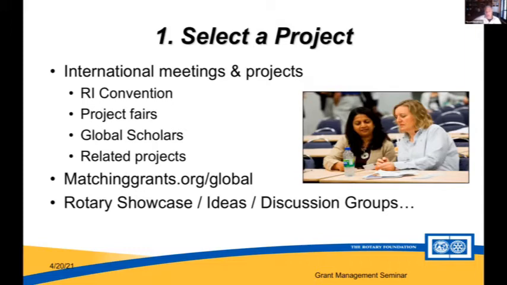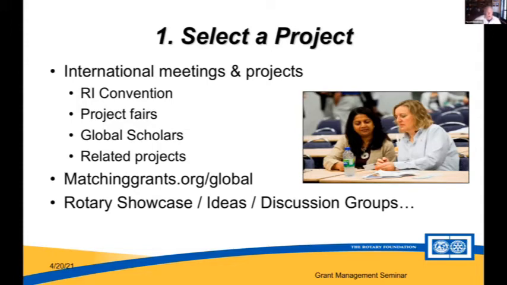Also, if you've got a relationship with another country, or a project that one of your members is familiar with, that's very helpful because your relationship with the location where the project is being done is critical. But there's all kinds of ways that global grants are initiated and ideas are made.